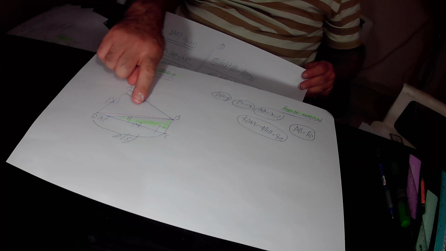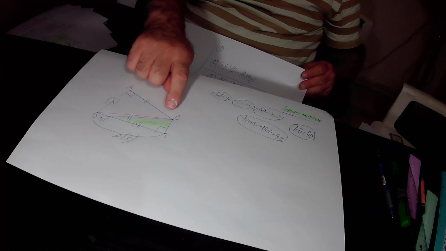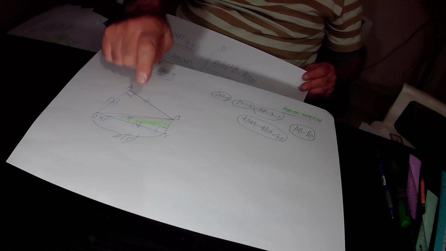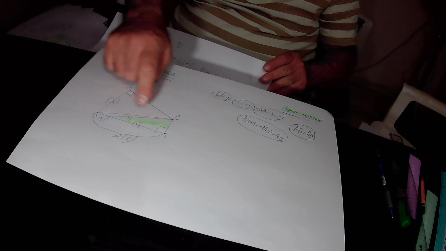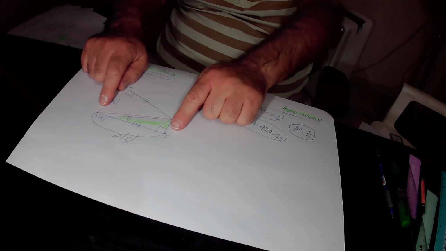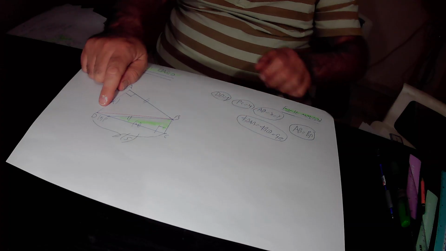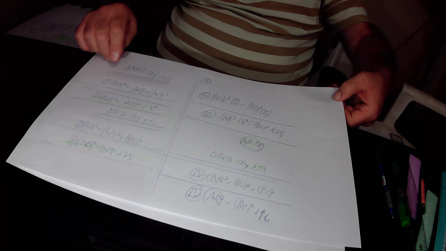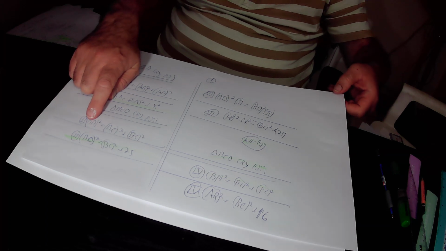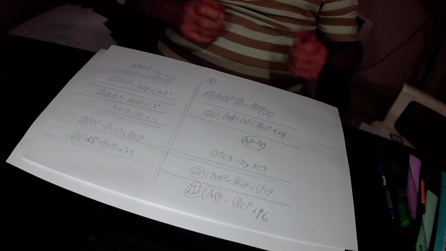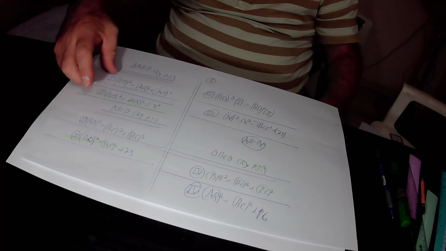BC is also a missing side, so leave it as it is. So DB squared equals BC squared plus DC squared. DC in total is 1 plus 4, that is 5. Therefore DC squared is 5 squared, that is 25. So DB squared equals BC squared plus 25. So we have two equations for DB squared.